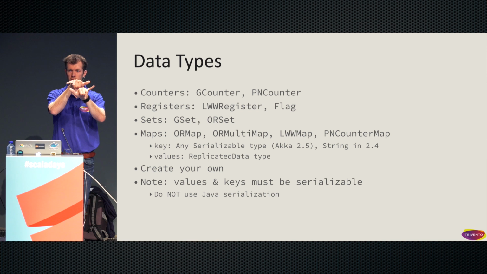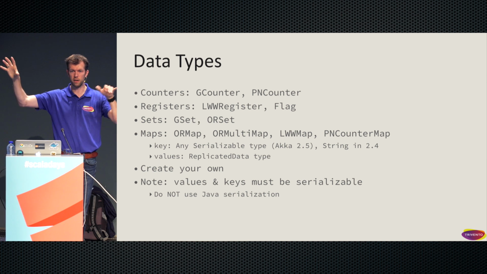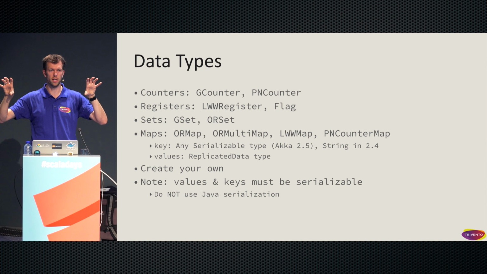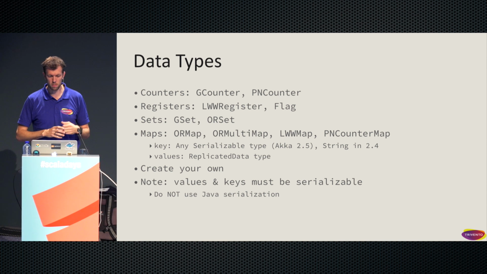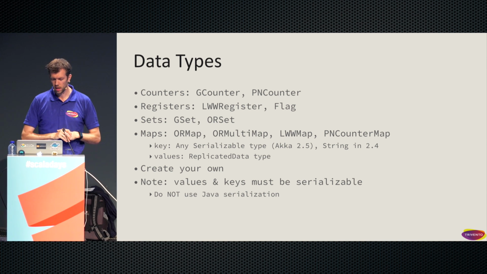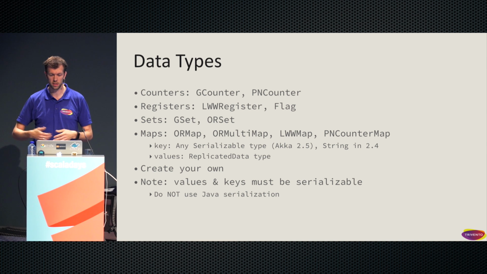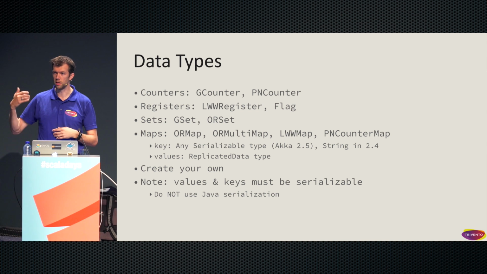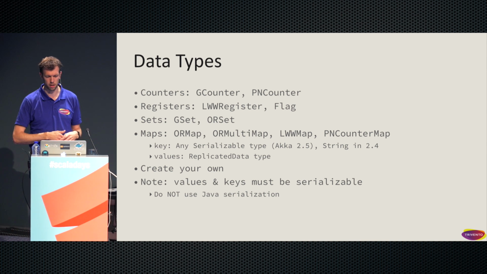You want to merge the things in the same key. But then the values need to be merged. So the values need to be a replicated data type. So in the OR multi-map, it's an OR set. In the last write win map, it's an LWW register. And in the PN counter map, it will be a positive-negative counter in that map.